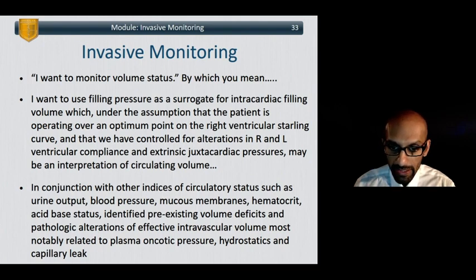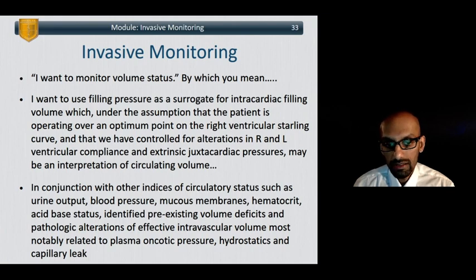Remember that when your examiner asks you about how you're interpreting your patient's volume status, if you're going to say you're going to use invasive central cardiac monitoring, it's literally only one facet of a large multilateral constellation of characteristics that you're using, such as urine output, blood pressure, mucous membranes, hematocrit, acid-base status, identifiable pre-existing volume deficits, ongoing bleeding, pathologic alterations in volume, and alterations in plasma-oncotic pressure, hydrostatics, and capillary leak that can occur with ARDS, CHF, hepatic failure, or renal failure.